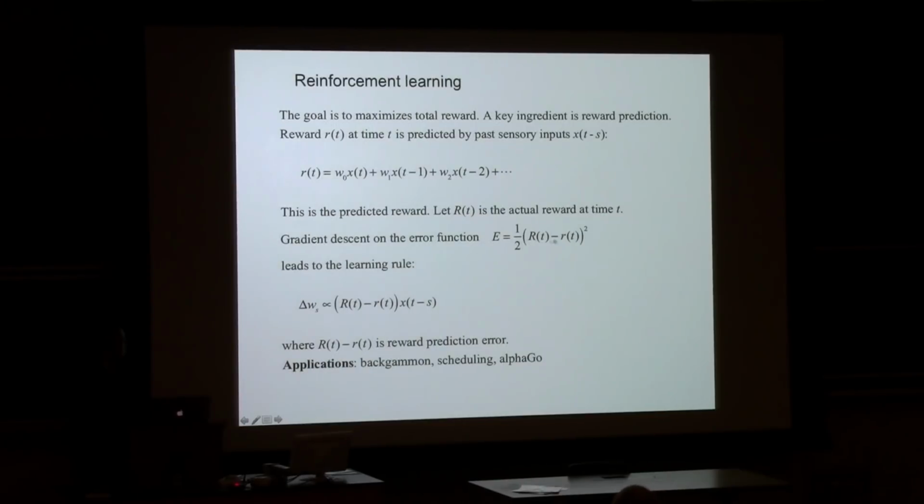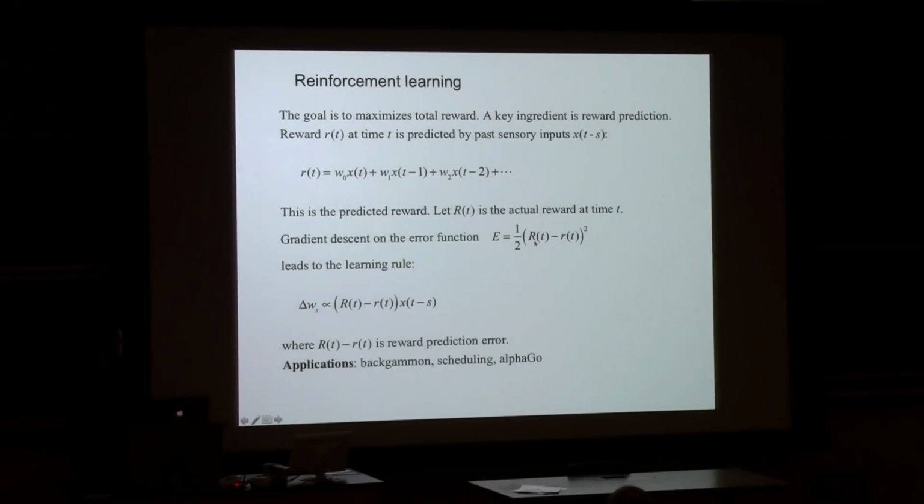The small r is your predicted reward, based on your sensory experience in the past, and you compare it with your actual reward. You want to minimize this function, the square error, and try to find the weights in the proper way to weight your past experience to predict the future reward.